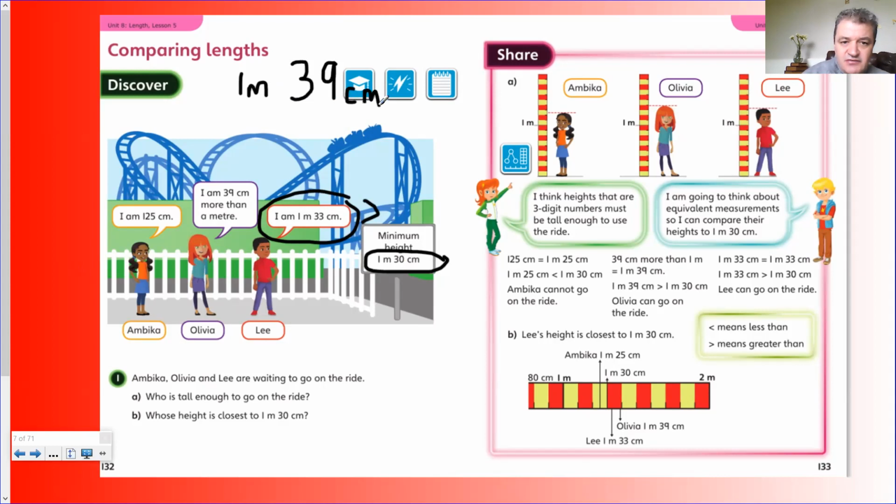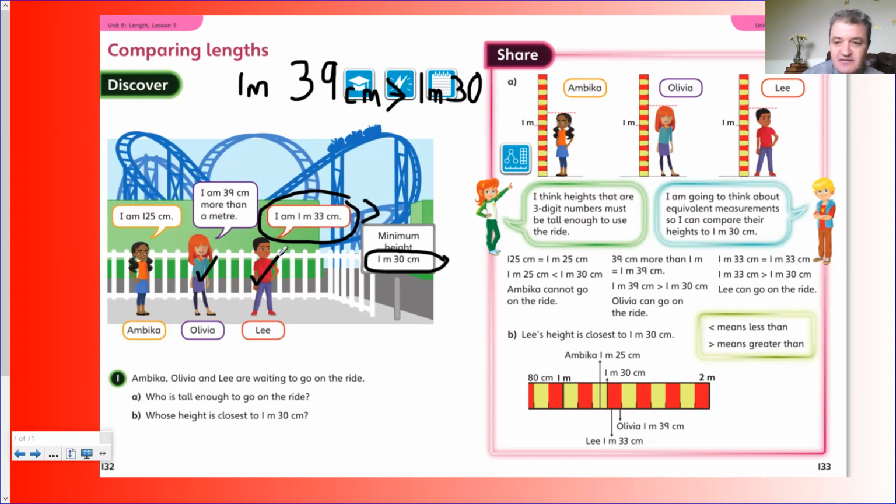And we know the height restriction, you've got to be 1 meter 30. Therefore, remember, crocodiles eat the biggest number, and that is more than 1 meter 30. Therefore, Olivia can go on the ride. Okay, let's look at Ambika now. Ambika is 125 centimeters.